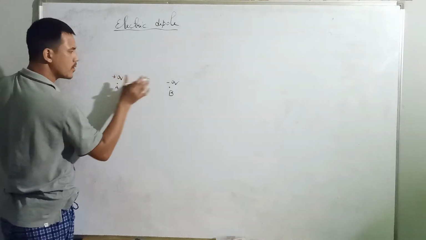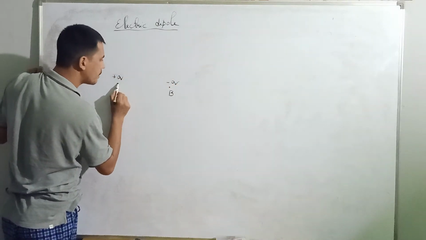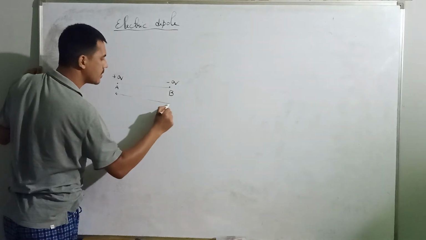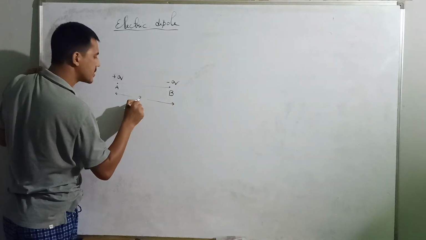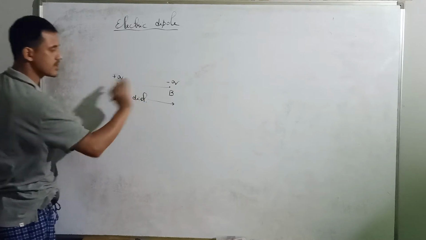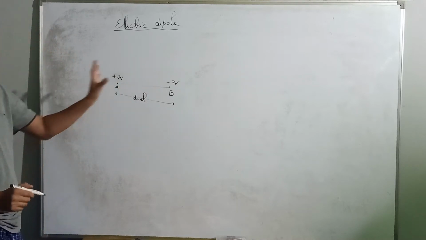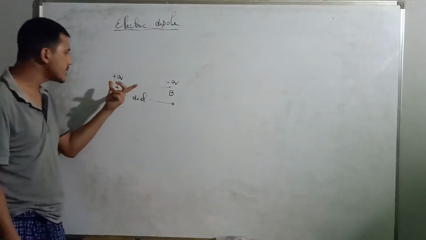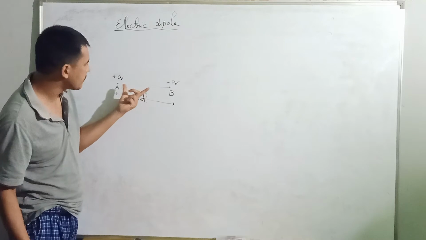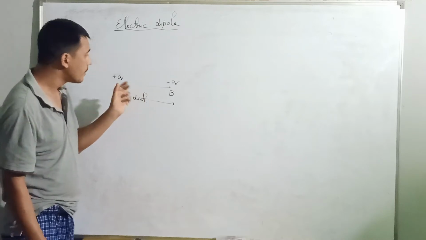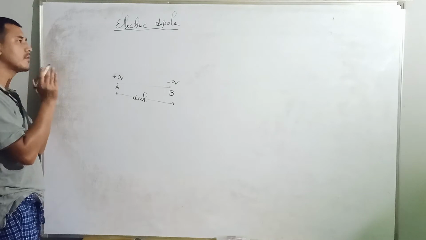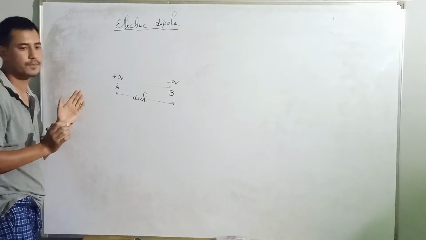So two equal and opposite charges placed at some certain distance apart is known as electric dipole. But the distance, here I have kept maybe around 15 centimeter, but the distance between the two charges should be very small.